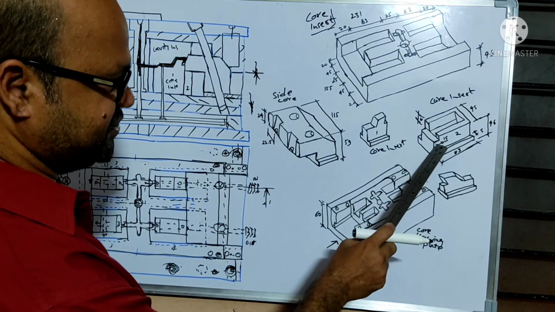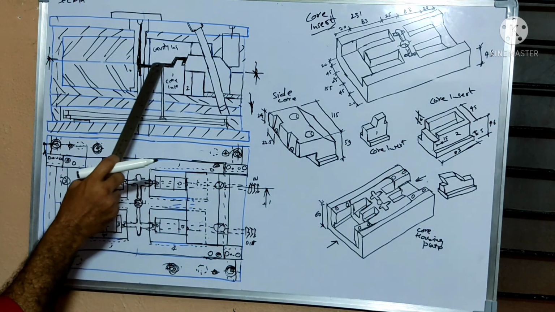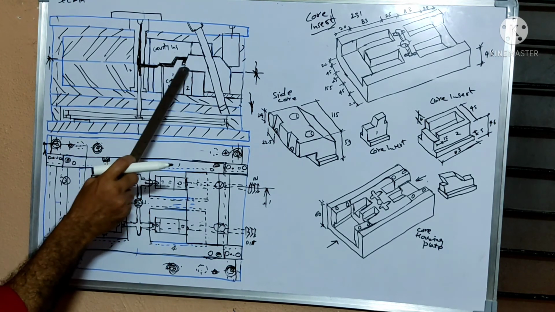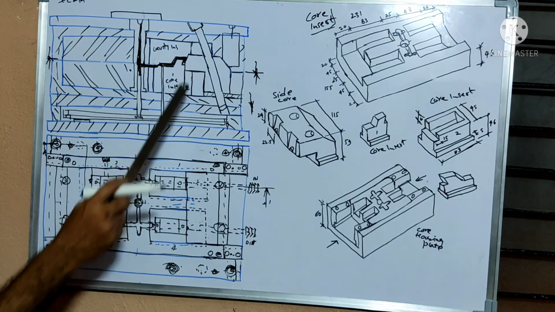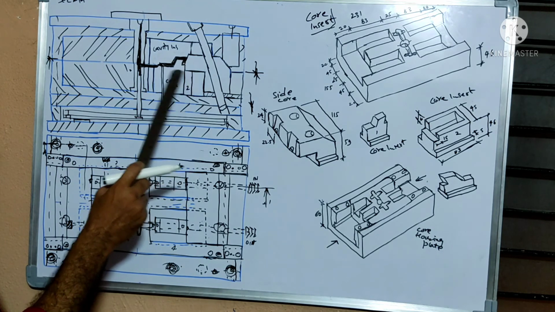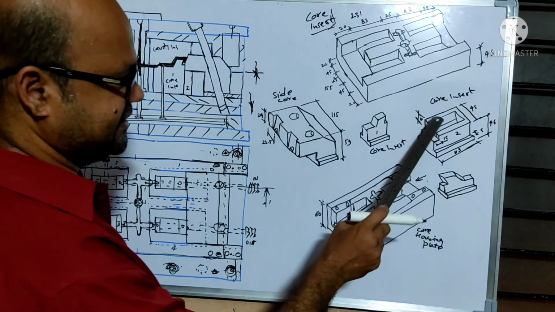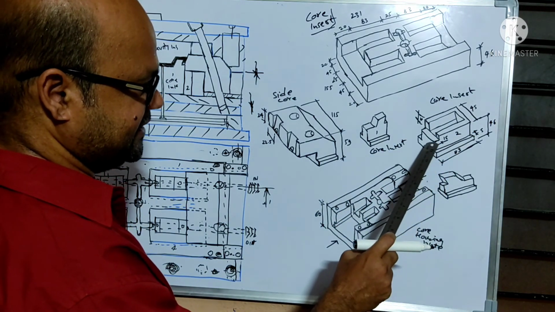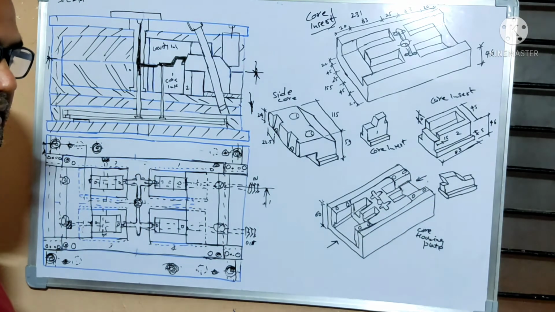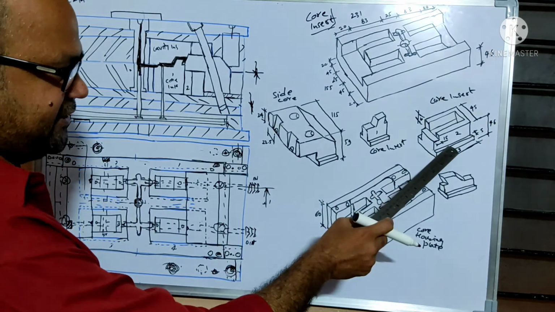That length machined is 15 mm, and the depth from the parting line where the side core moves over the insert is 6 mm. Means in this insert you have to machine depth 6 mm and width 15 mm for the movement of this side core.